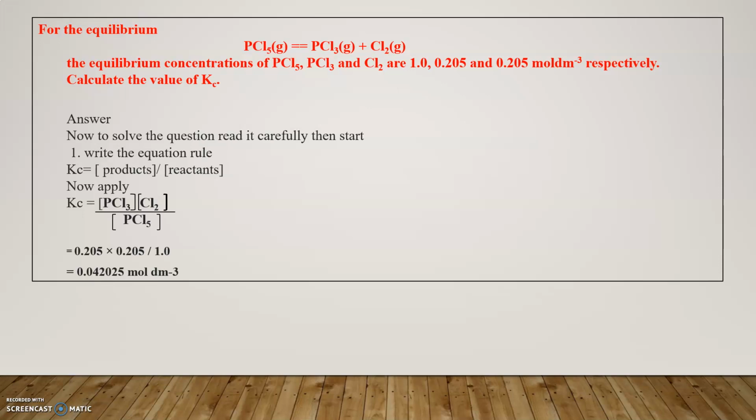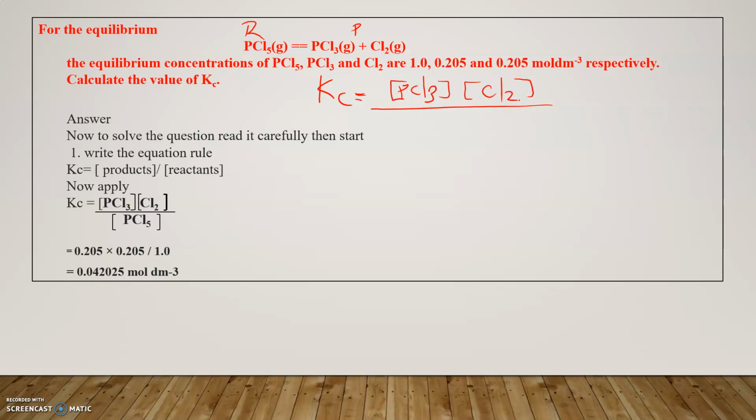Calculate the Kc. When you look at that equation, the first thing you have to do is write the rule, which is Kc equals the concentration of products over the concentration of reactants. So the products in this case are PCl3 and Cl2, and this is the reactants.